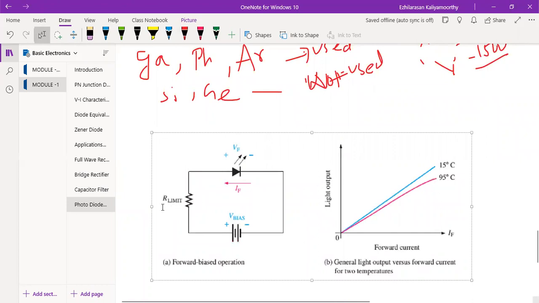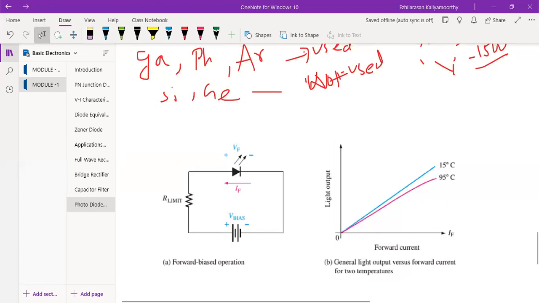One resistor is required because it limits the current, else your LED may get damaged. That is the reason one resistor is connected over there. You can see here the forward current and the light output for two temperatures, 90 degrees Celsius and 15 degrees Celsius. Like this, we will have different temperatures.